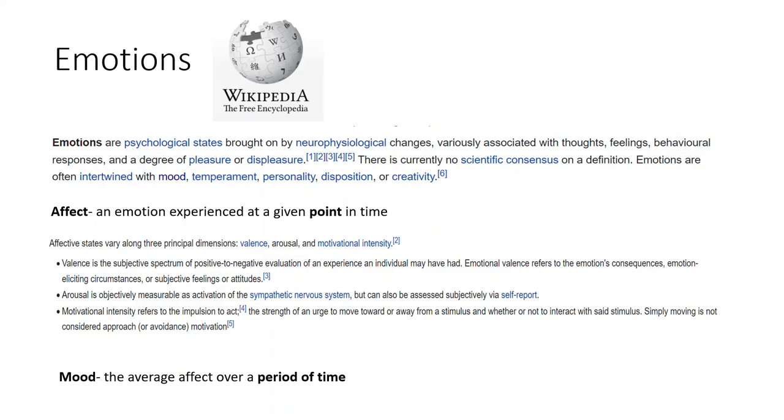But that's usually measured via the activation of the sympathetic nervous system. All right. And then finally, motivational intensity. Usually an emotion puts us in a state where we're going to act. We're either going to move toward or away from the stimulus. And if we do interact with the stimulus, we're going to take some action toward that stimulus.